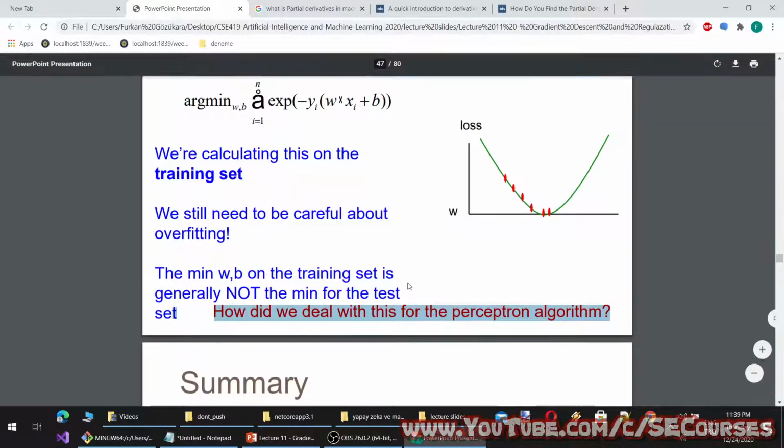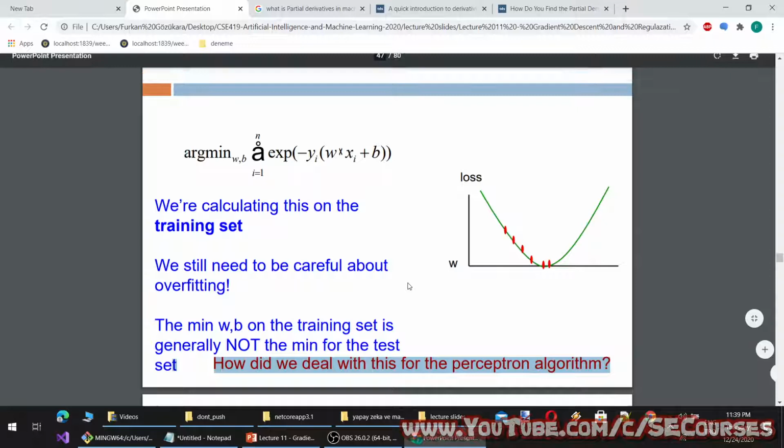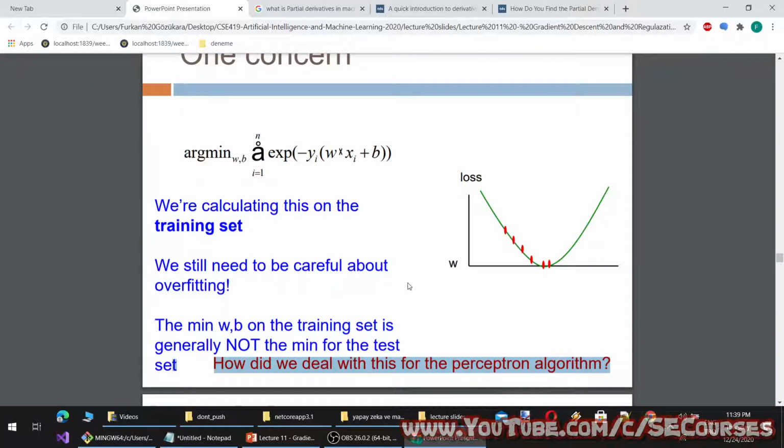How can we deal with that? We can use k-fold cross-validation. That is how we can deal with that, or we can separate our training data into two parts.